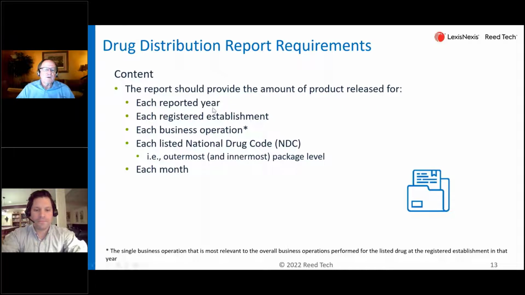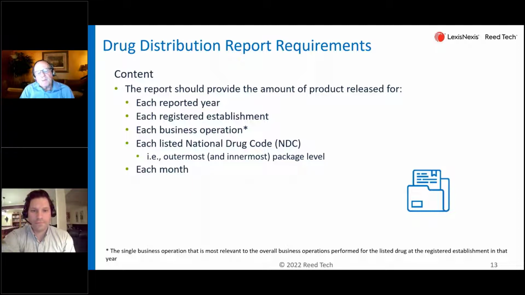So you have to figure out a year and then identify those registered establishments that you own and are involved with. Inside that particular establishment, there could be one to many different business operations. The FDA has a short list of business operations, so you need to look at that short list and pick the one that's most appropriate.